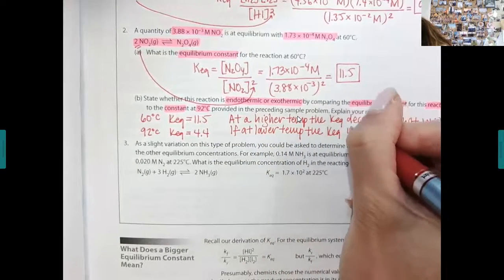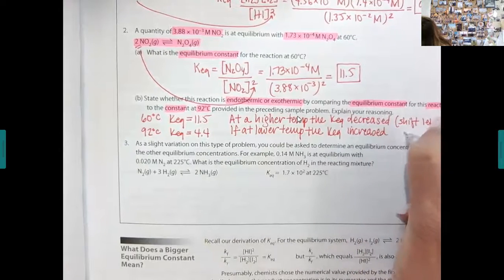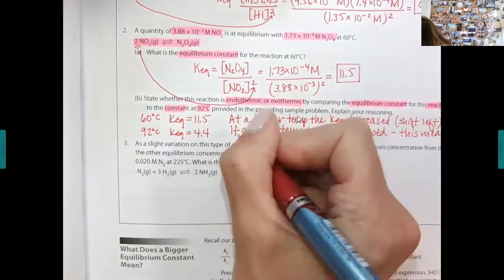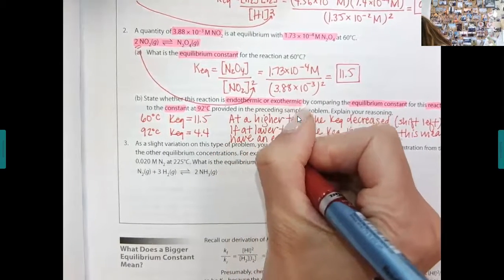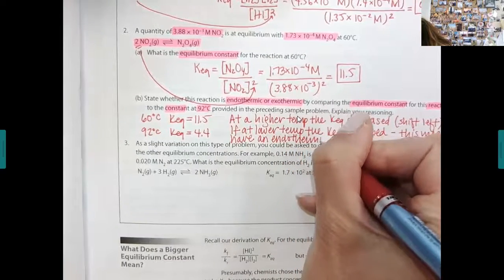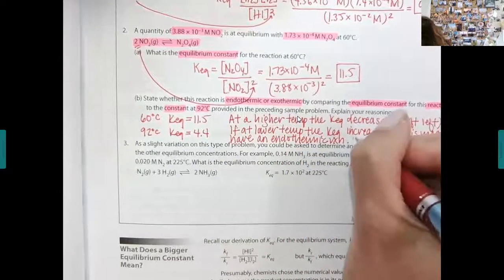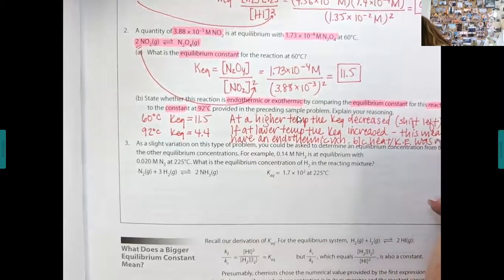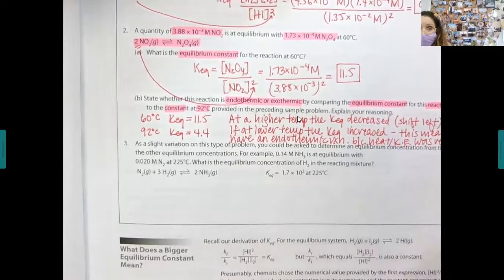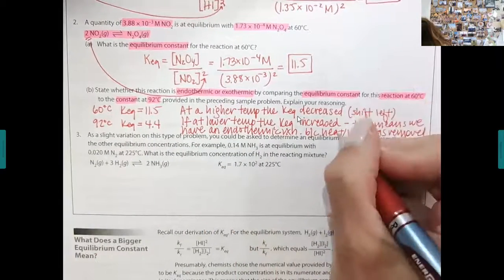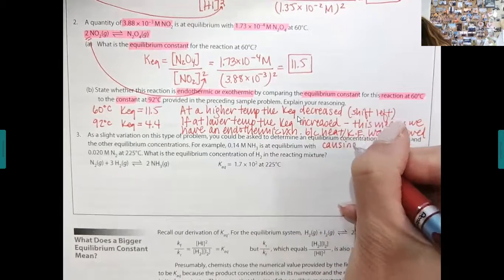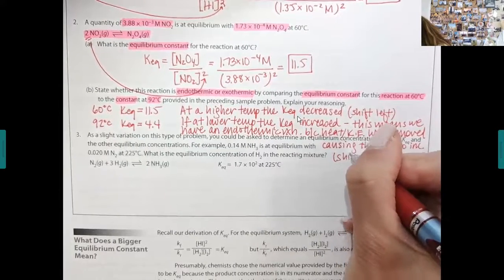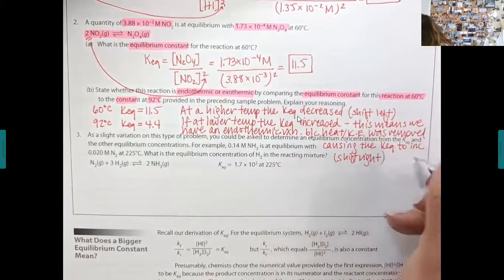So if at lower temp, the KEQ increased, this means we have an endothermic reaction because heat or kinetic energy was removed, causing the KEQ to increase, and that's because we made a shift to the right.